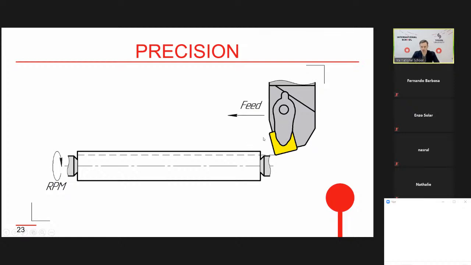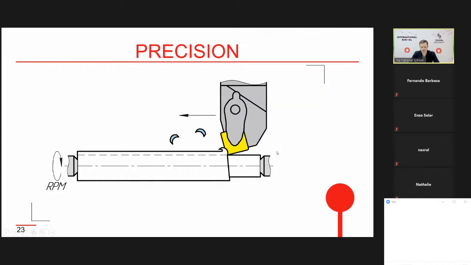So our cutting tool starts the movement. And first of all, I'm showing you the ideal process. The cutting tool moves, and of course it cuts, or it removes material, some layer of material from the workpiece. And here you can see chips flying off the cutting zone.